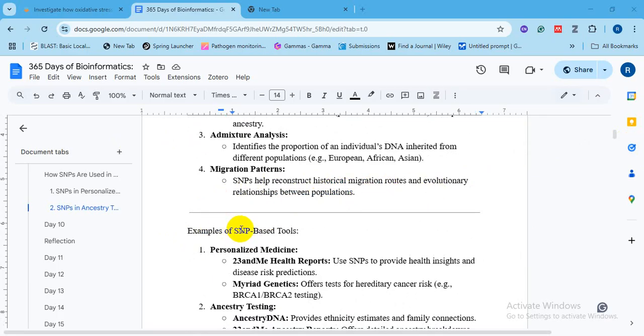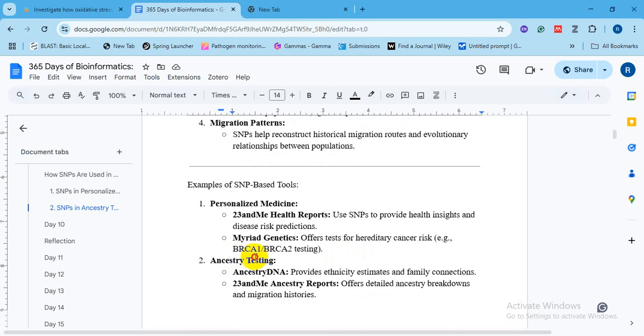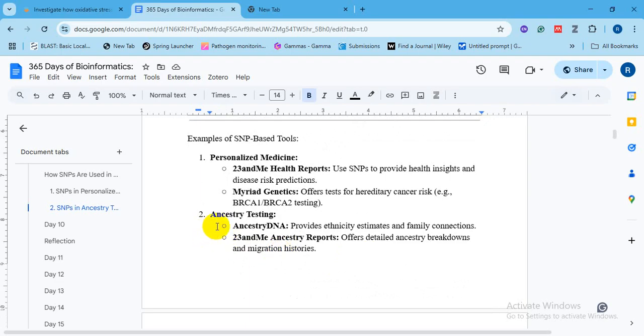Examples of SNP-based tools. Number 1, personalized medicine: 23andMe's health report uses SNPs to provide health insight and disease risk prediction. Myriad Genetics offers a test for hereditary cancer risk, e.g. BRCA1 and BRCA2.